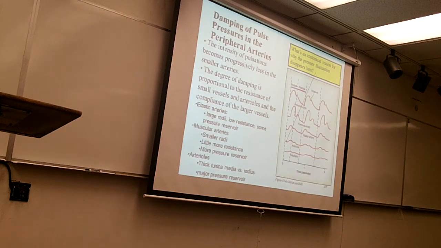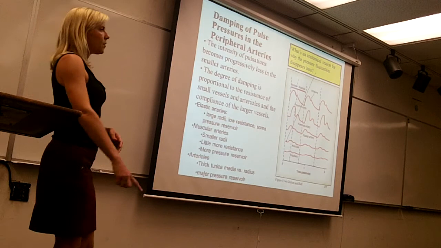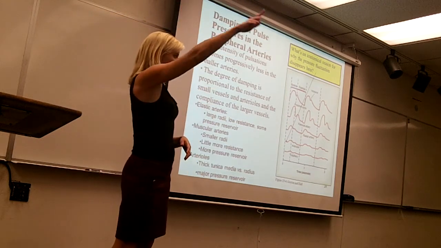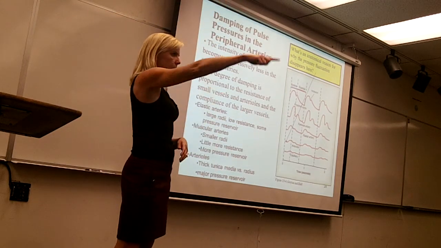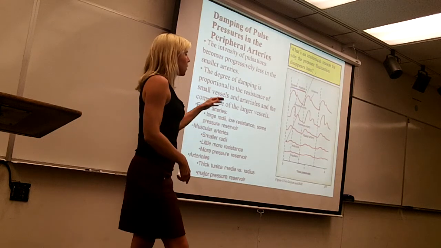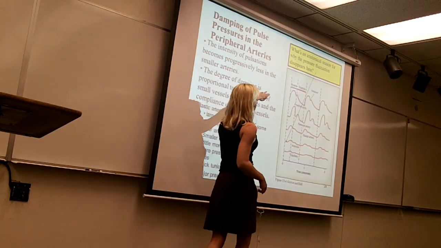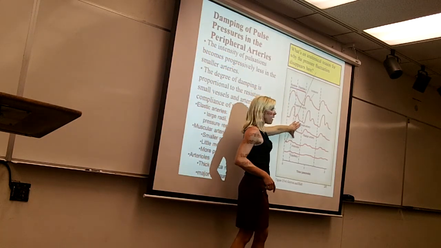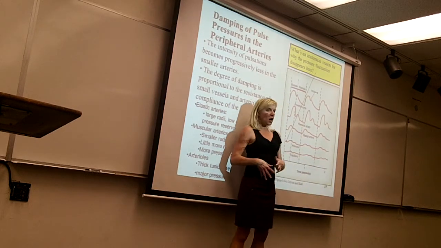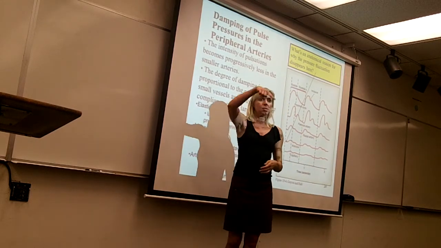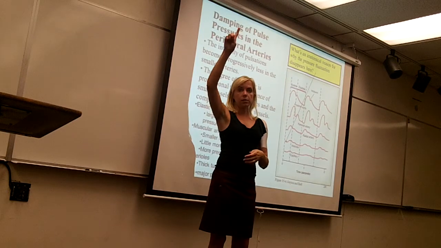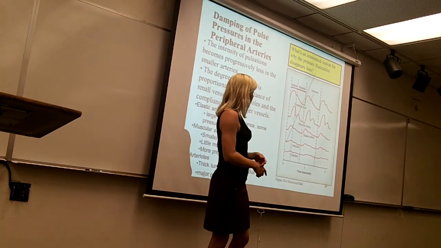Okay, so as I said in the beginning of class, we have very erratic pressures. We've got systolic, diastolic. And what you're seeing in this picture, that as we go farther away from the heart and these arteries, we see less of a difference between systolic and diastolic pressure.